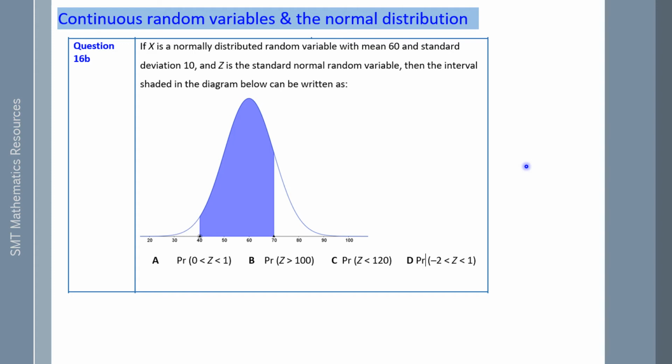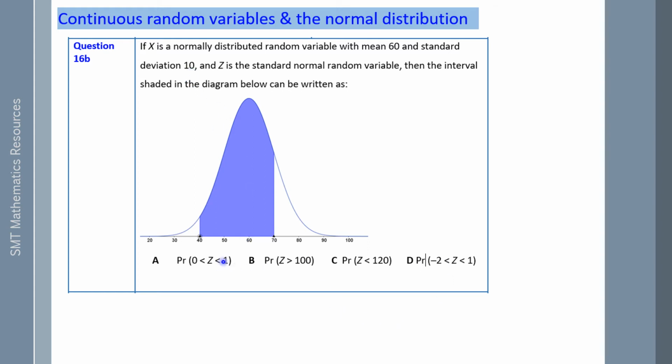If X is a normally distributed random variable with a mean of 60 and a standard deviation of 10, and Z is the standard normal random variable, then the interval shaded in the diagram below can be written as. We've got to try and think of this as Z scores. If this is our mean, and I am 10 above that, if I went X minus mu over sigma, 70 take 60 would be 10, divided by the standard deviation of 10 would be 1.